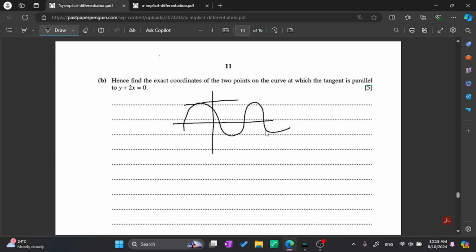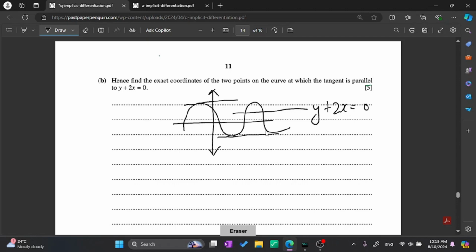Let's say we draw a tangent from here and a tangent from here. These are the two tangents. Now, these two tangents are parallel to a line which is y plus 2x equals 0. So the question has given this information. Now, from this information, we need to calculate the coordinates of these 2 points.